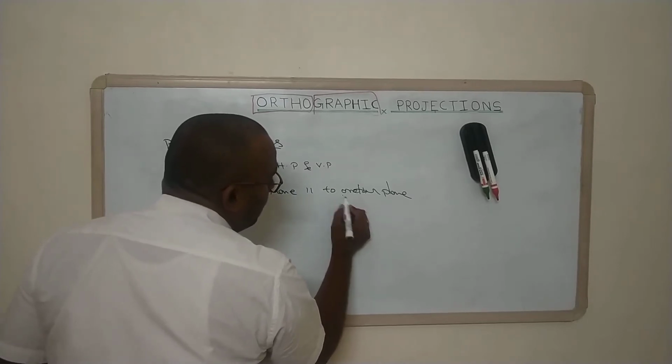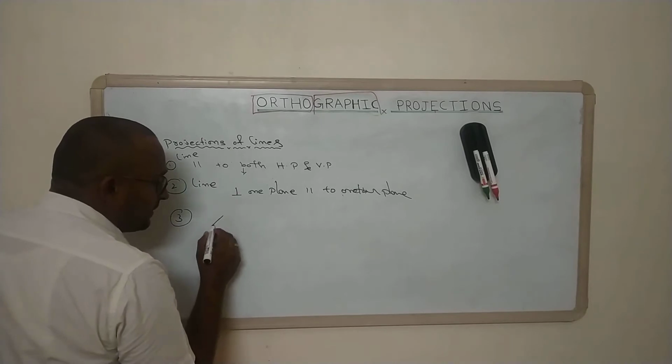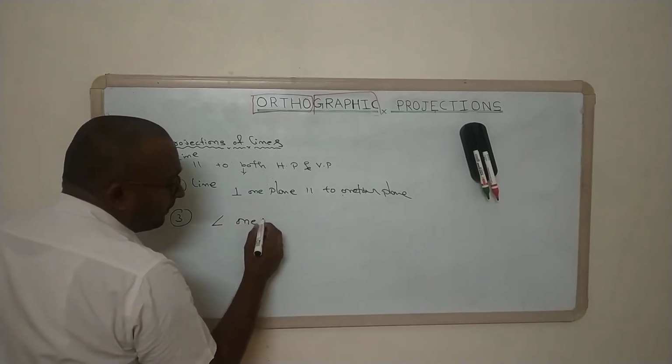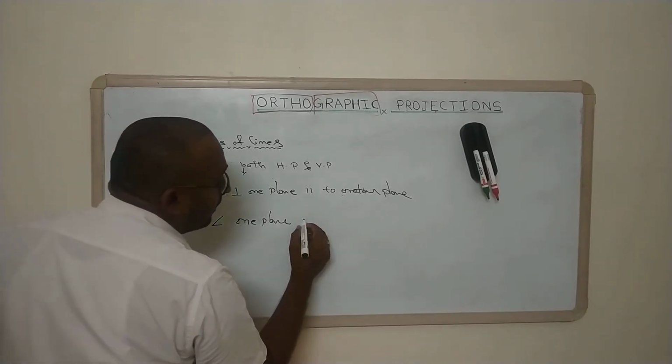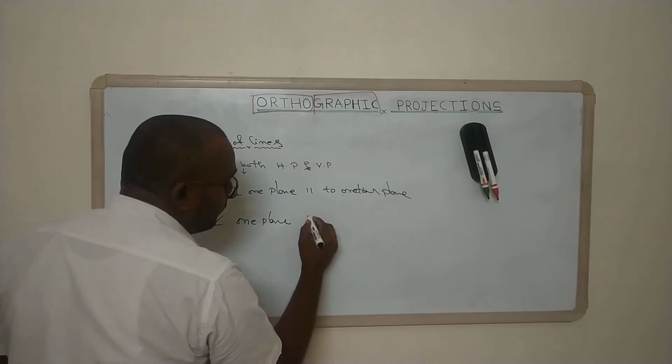The third condition is a line inclined to one plane and parallel to another plane.